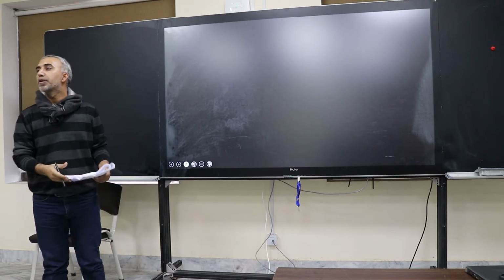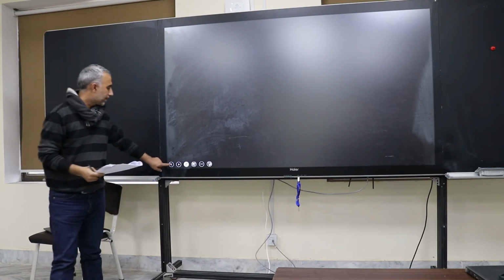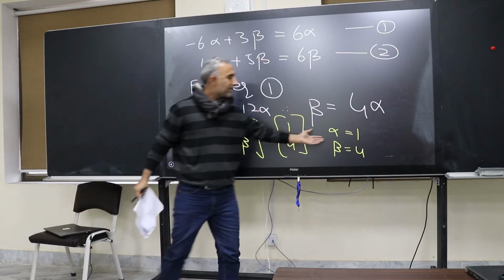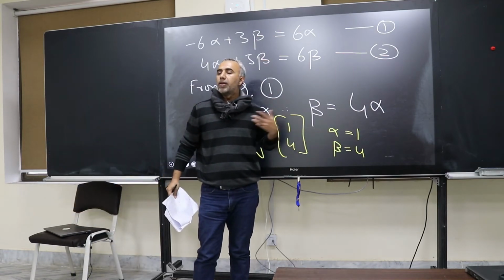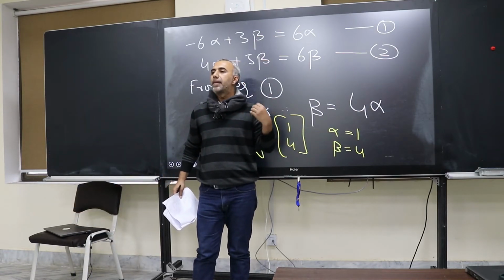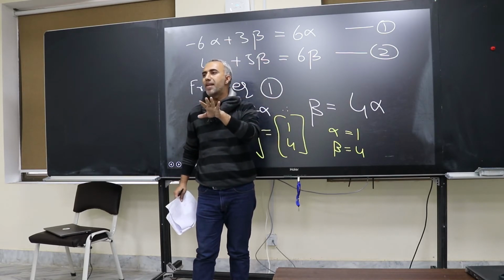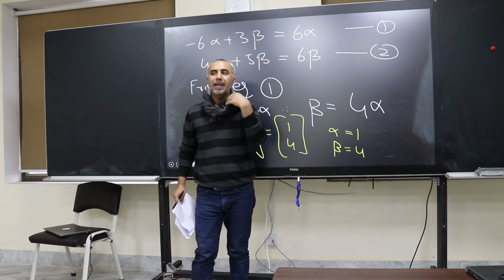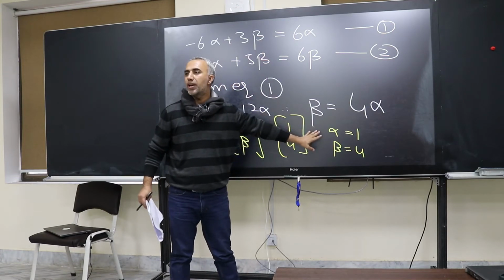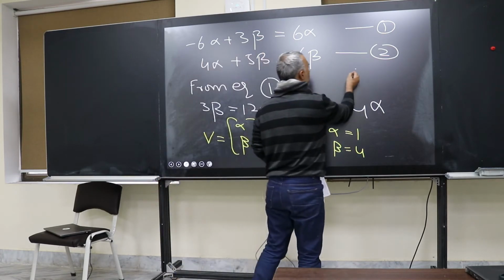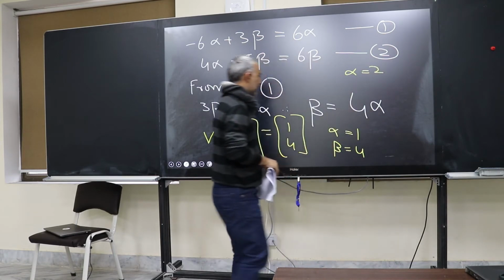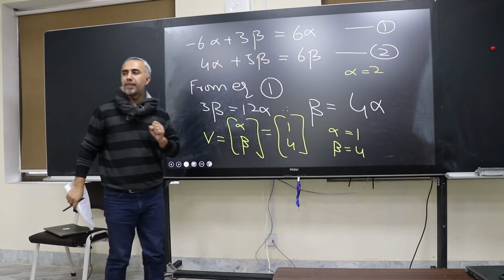How is alpha one, the vector? You can consider alpha equal to 0, but then this does not make any sense. But if you consider alpha equal to 2, then what should be your beta? 8.